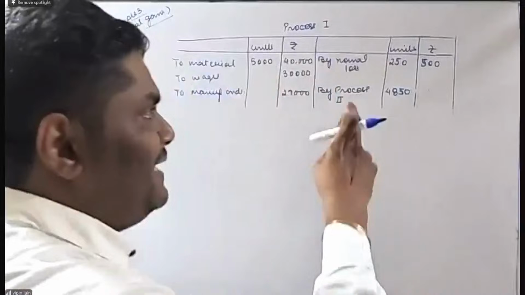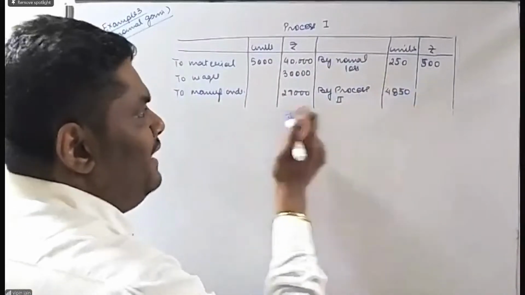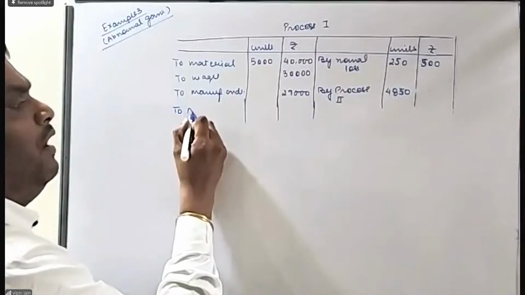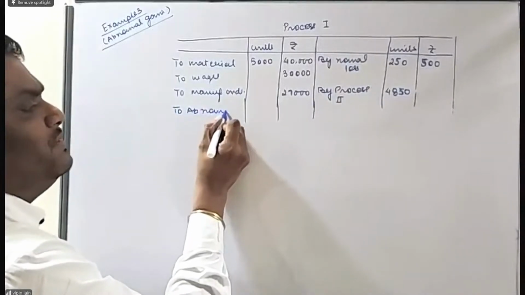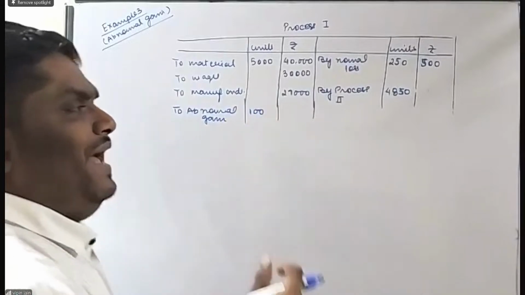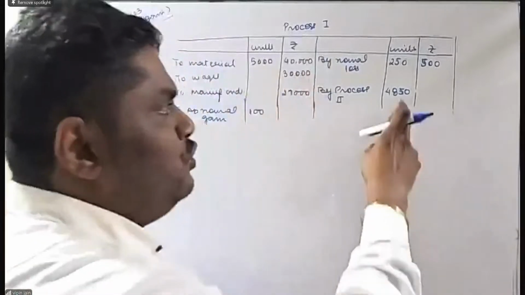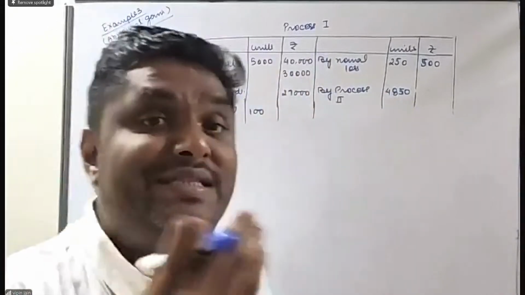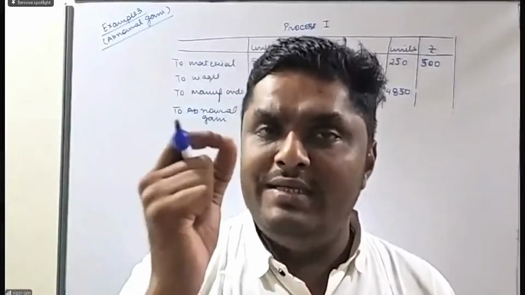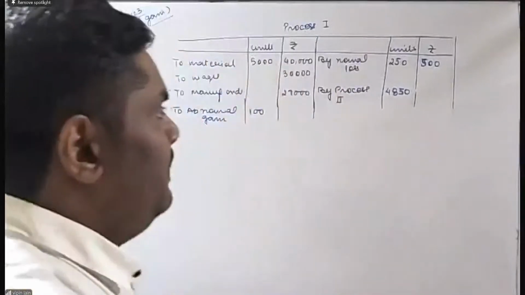When the actual output exceeds the expected output, these 100 units extra is what my abnormal gain. Alternatively, you can say it as balancing figure also. So my actual output 4850 exceeds my expected output, that is 4750. So here this 100 units is what? My abnormal gain.